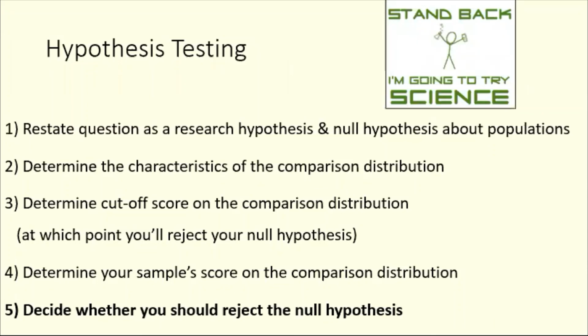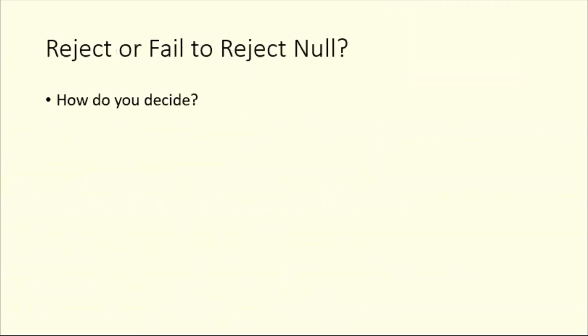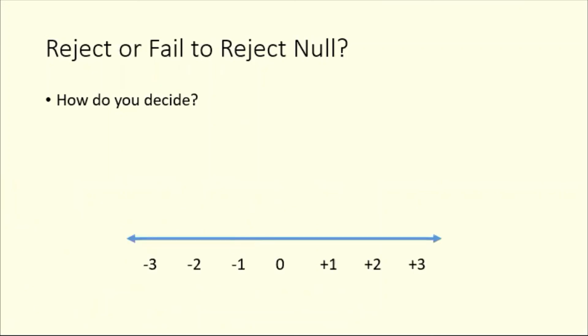And so now we have to decide whether we should reject the null hypothesis. And this step in particular is really just about always the same. And so we're going to do this just the same way that we've done for the z-test, for the dependent t-test, just the same now for the independent t-test. And so how do we decide? I always do like to make sure to visualize this. And so I recommend writing this down, drawing this out, whether you're drawing the distribution or just a number line like this, either is fine.